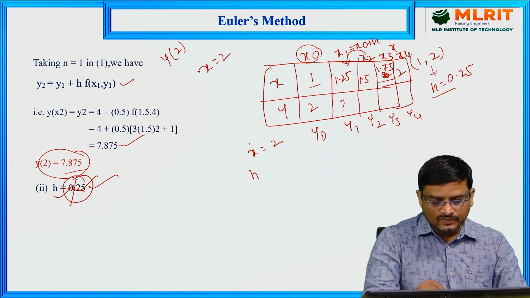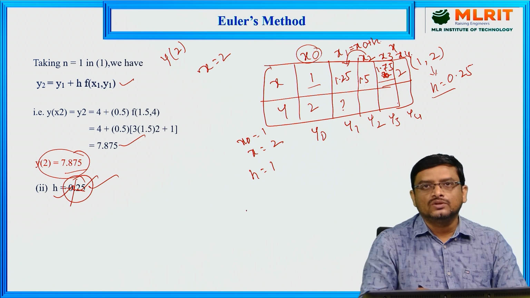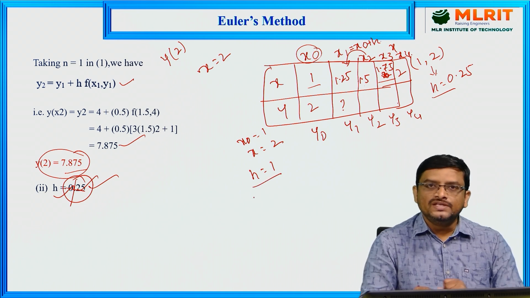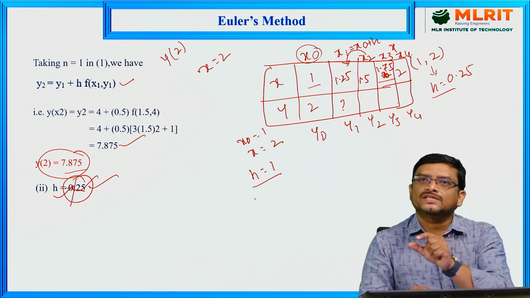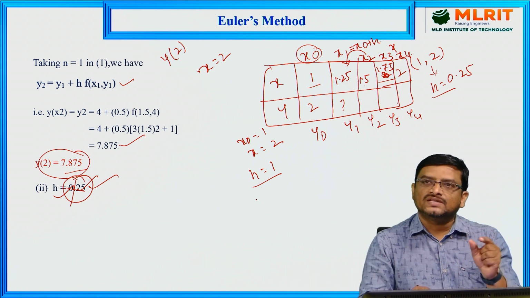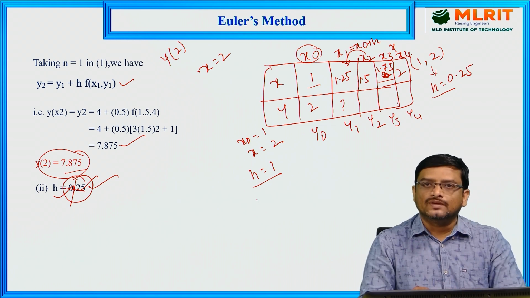By taking x naught is equal to 1, you will get h value is equal to 1. So since in the problem particularly he has mentioned the values of h, according to that h value we have to take the subinterval between x naught and x value given in the problem.